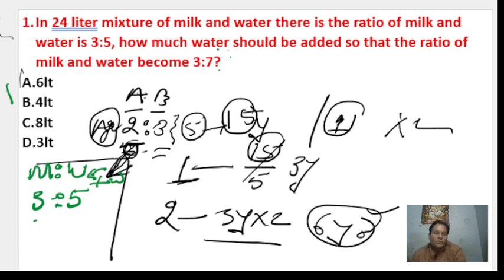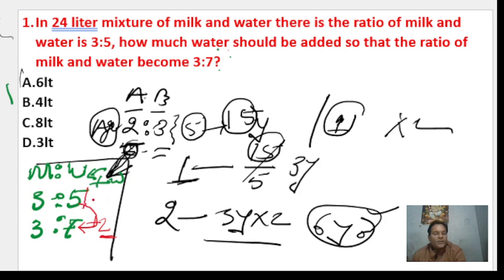He says the ratio becomes 3:7 after adding a certain quantity of water. Then you can see here how many units are increased. Only 2 units of the ratio are increased here. It means you can say the quantity of water added has the value of 2 units of the ratio.